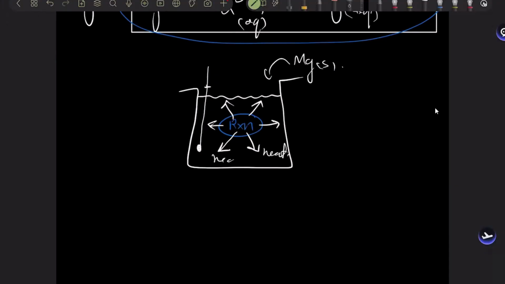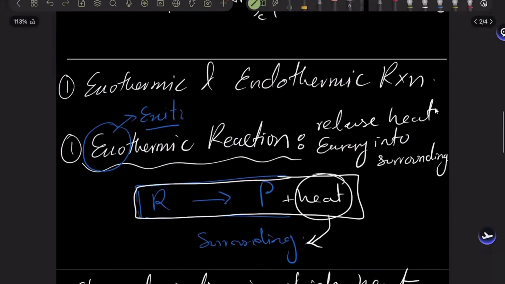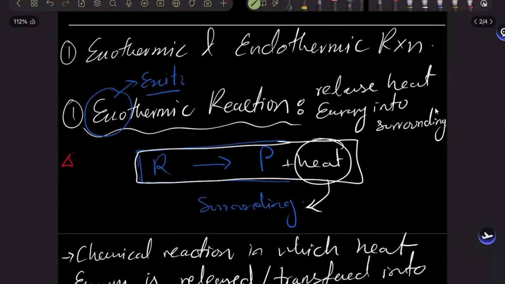So when this heat comes into the surrounding, what happens to the surrounding? The temperature of the surrounding increases, and we see that on the thermometer. The temperature would increase. Clear? So that's how we'll know that this reaction is exothermic. Are you clear? Now remember that for exothermic reactions, the value of delta H or enthalpy change is always negative.